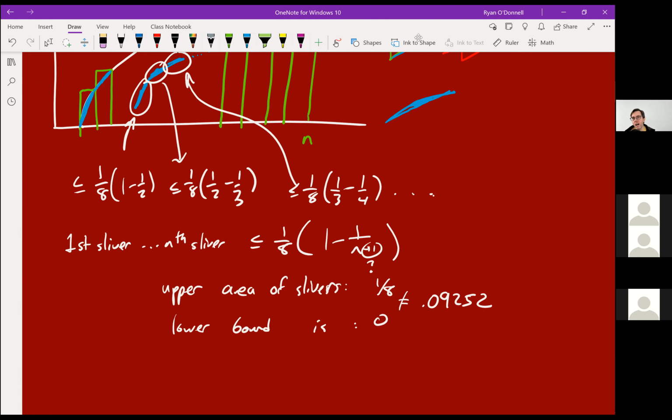Yeah, actually, it's a good question. This is a bit funny. Suppose some extremely brilliant, all-powerful person came down to you and said, I promise you this sum of the slivers is exactly 0.01.